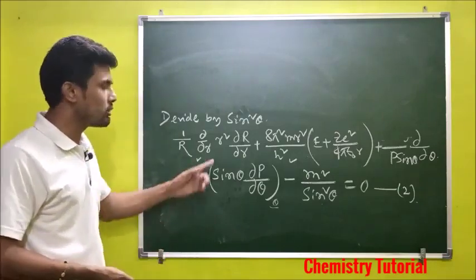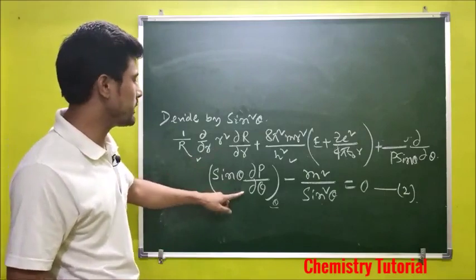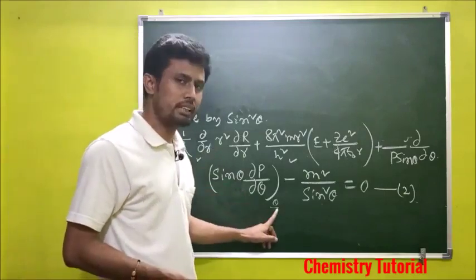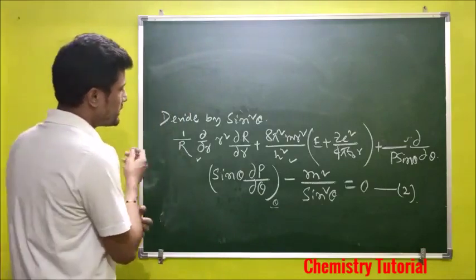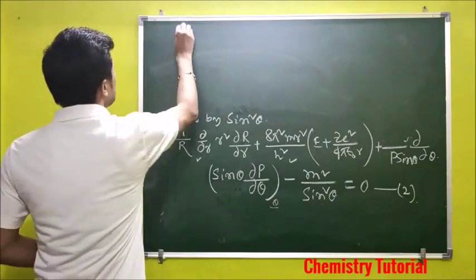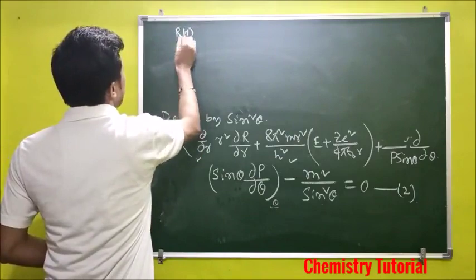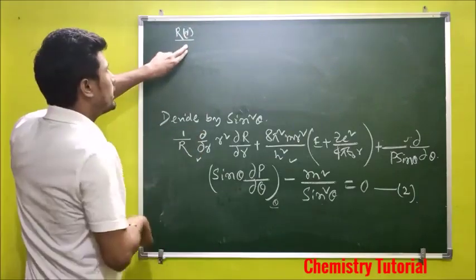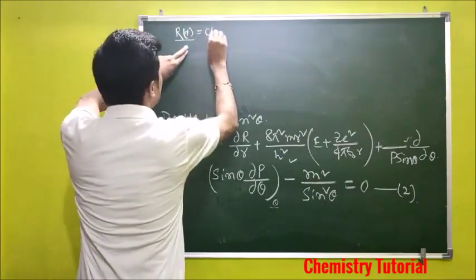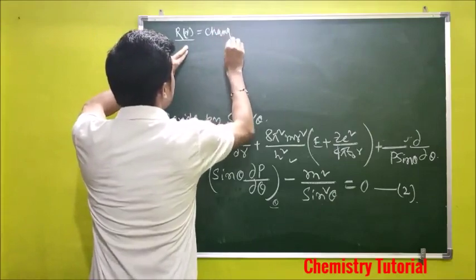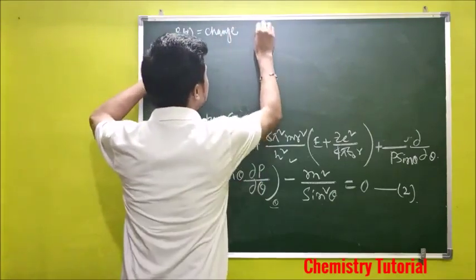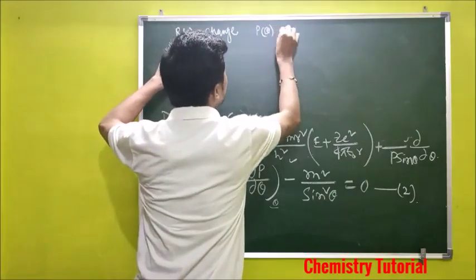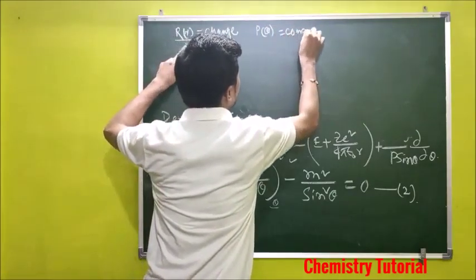One will depend upon r, whereas the other will solely depend upon theta. To make it two different differential equations, we will first consider the r dependent function. It will change with respect to the change of r, and we will consider that this P function that depends upon theta will remain constant.